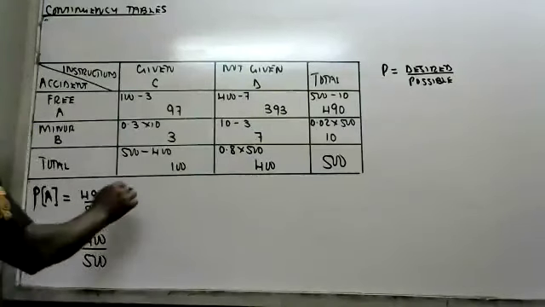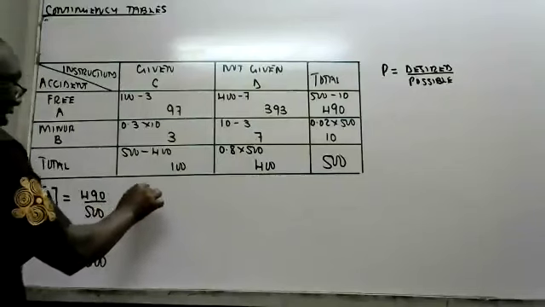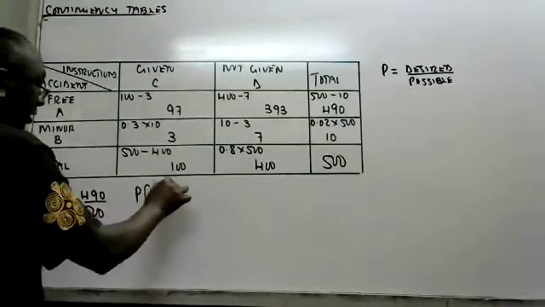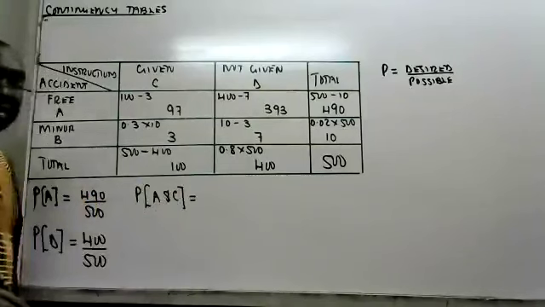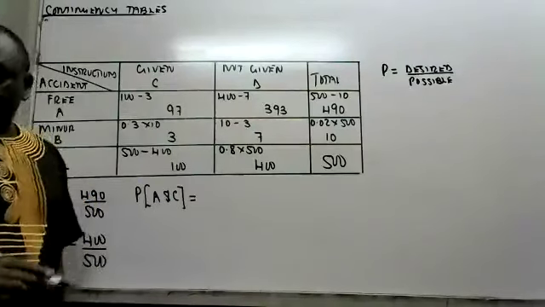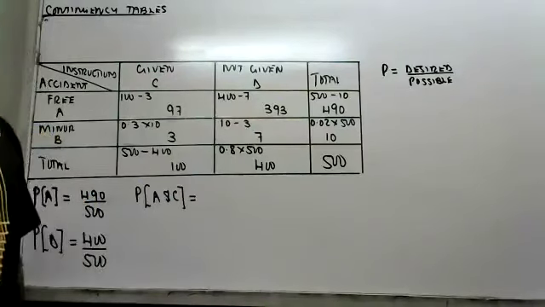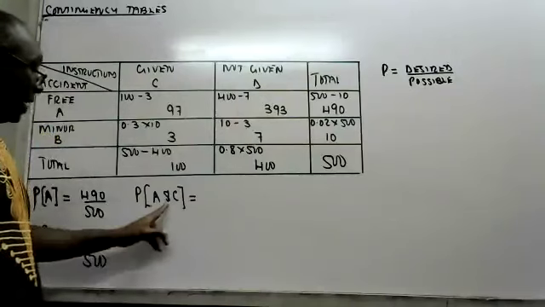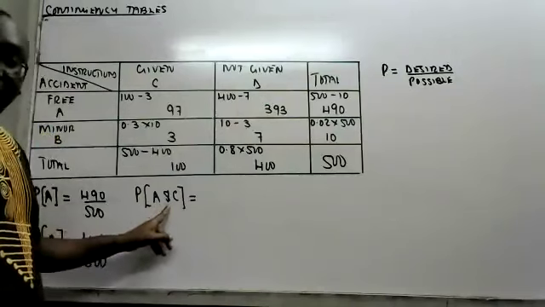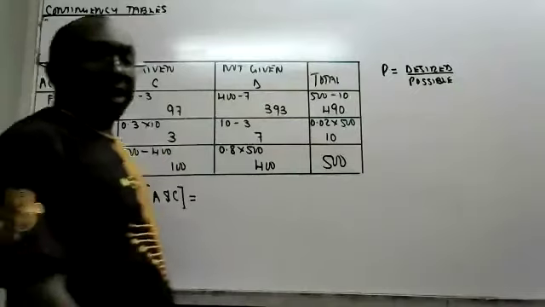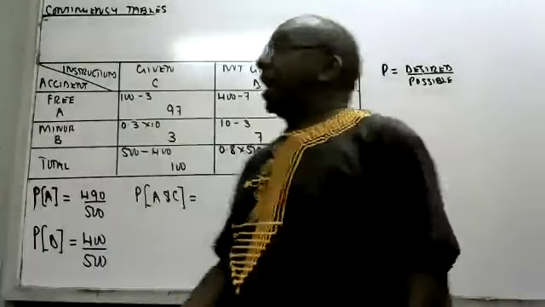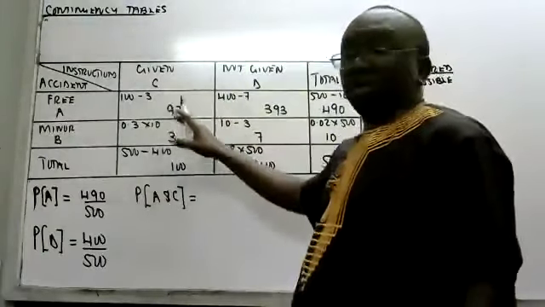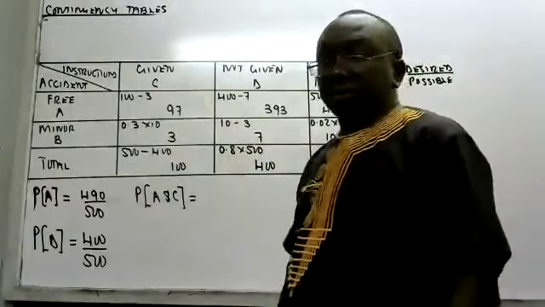If you are told to give us probability of A and C, I told you the other day when we were looking at set theory, the word and means intersection. And in the notes we have written, the items which are inside the cells represent intersections.